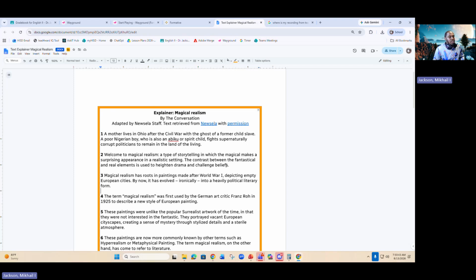The contrast between the fantastical and real elements is used to heighten drama and challenge beliefs. Magical realism has roots in paintings made after World War I depicting empty European cities. By now, it has evolved ironically into a heavily political literary form.